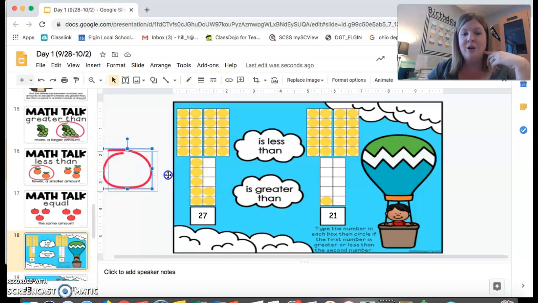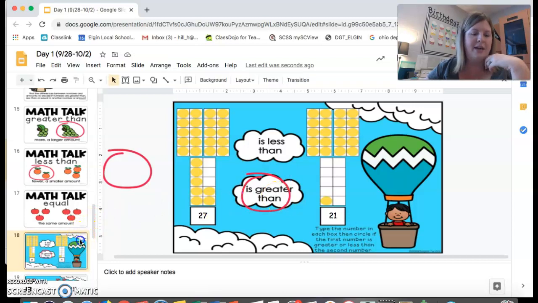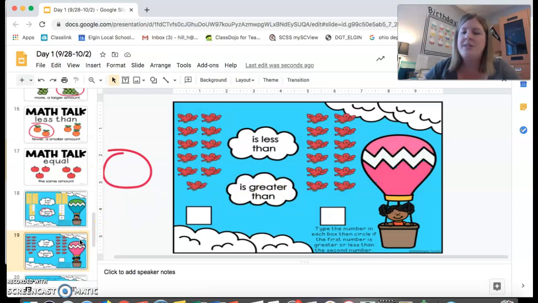So I'm going to take this circle over here and I'm going to drag it over greater than, okay? I think for the most part your less than is at the top and your greater than is at the bottom. Okay. So same thing over here, you're going to count the birds and you're going to see how much is in each pile, okay? So how many birds are here? You're going to count, you're going to put it in this box.